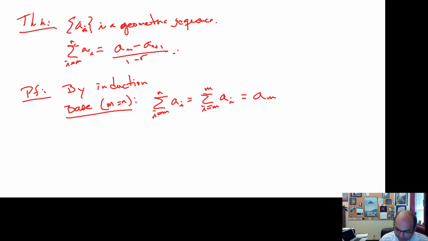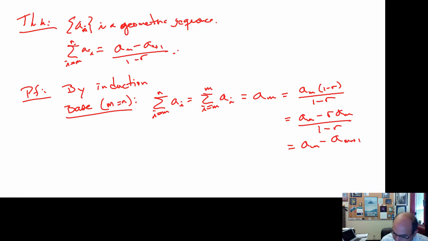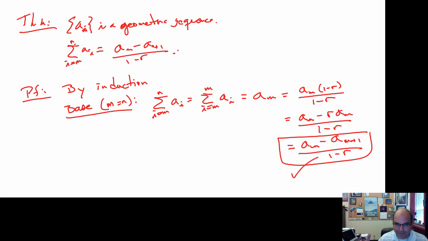And of course that equals a sub m times 1 minus r divided by 1 minus r, which is a sub m minus r times a sub m divided by 1 minus r, and that is a sub m minus a sub m plus 1 divided by 1 minus r. And this here is what we want, so yes, it works in the base case.